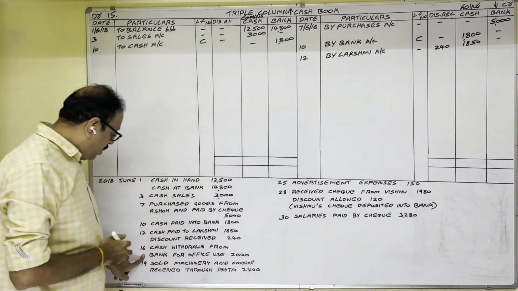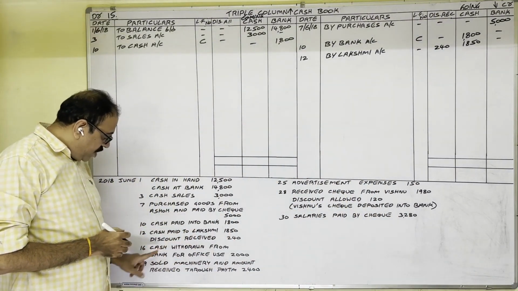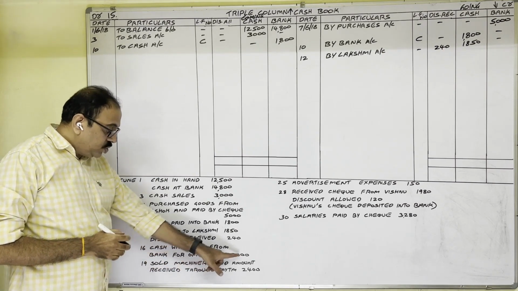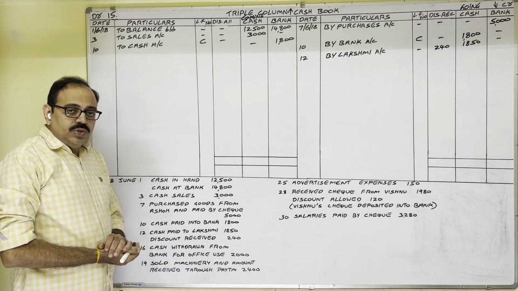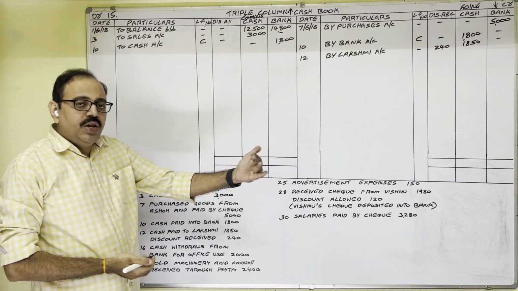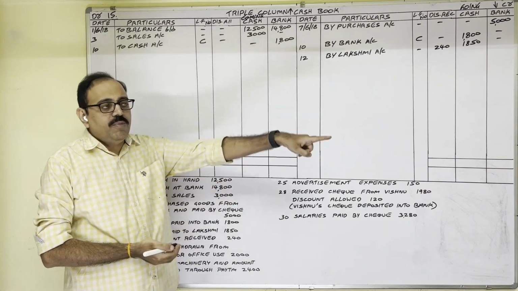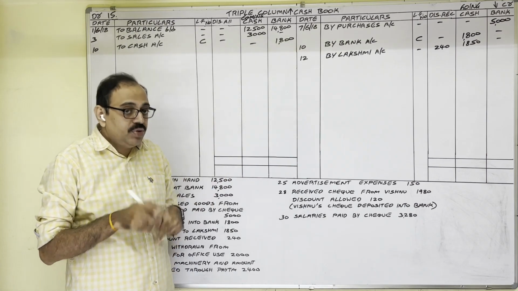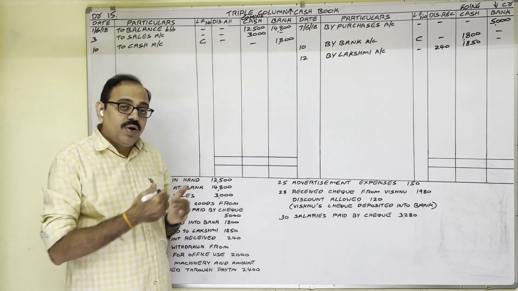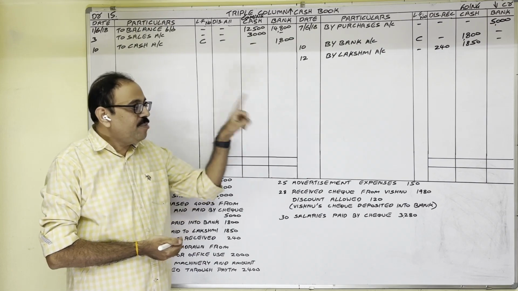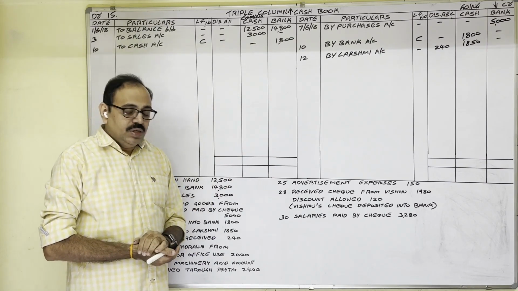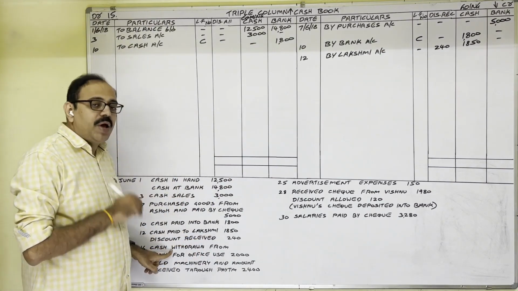Next, 16th date. Cash withdrawn from bank for office use 2,000. So from the bank, we withdrew cash for office use. Means from the bank, cash is coming into the firm. So this is contra entry because cash column, bank column both are affected. Same thing will be given in another manner also.